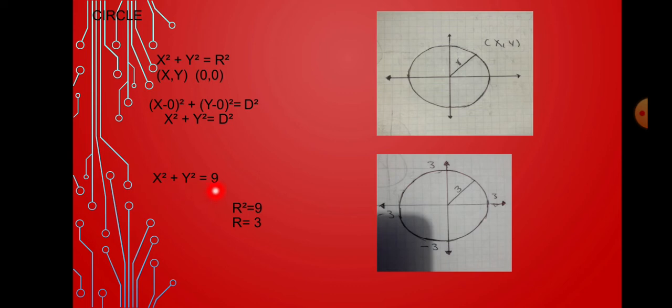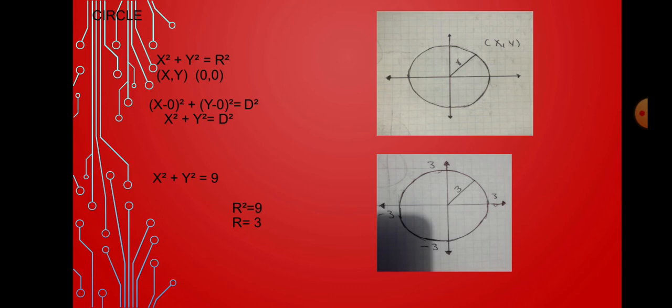I simply put my x and my y axes, and this tells me the origin. Here we have a 3, minus 3, and minus 3.